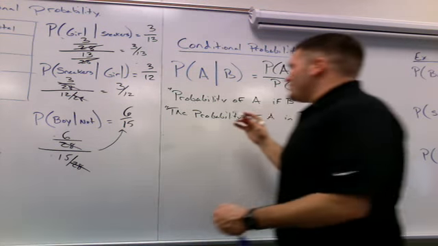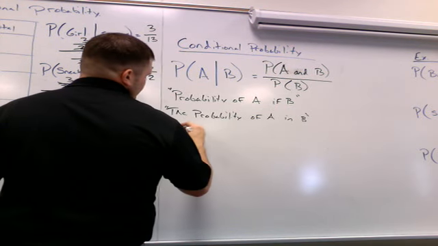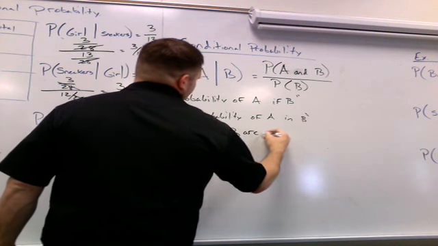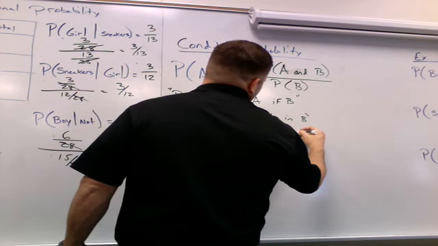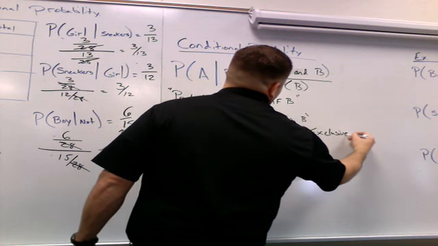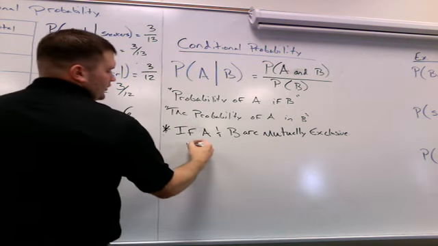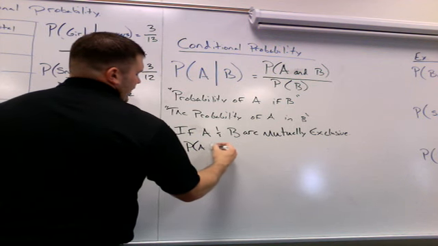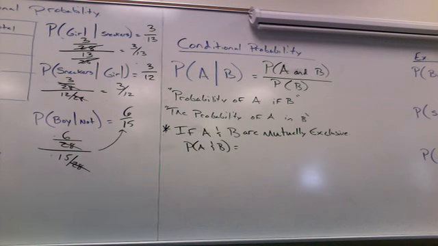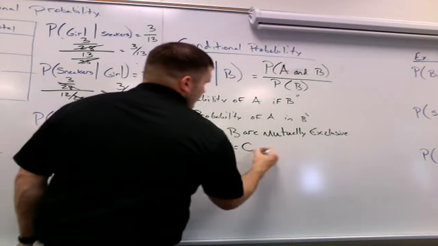Conditional probability. Let's say A and B are mutually exclusive. If A and B are mutually exclusive, then what's the probability of A and B? What is it? 0. They're mutually exclusive. They can't happen at the same time, right? So this is 0.